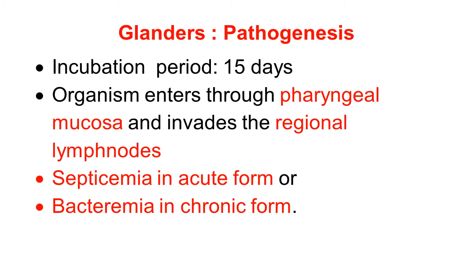Then the organism reaches the blood. There also they multiply and produce a septicemic condition, a very acute condition. Or it may produce simply bacteremia, and it results in the chronic form of glanders.